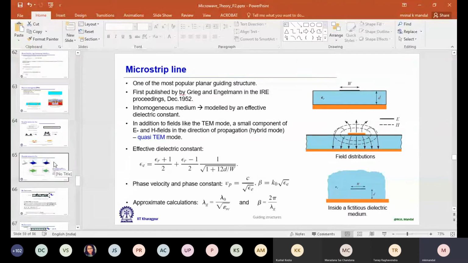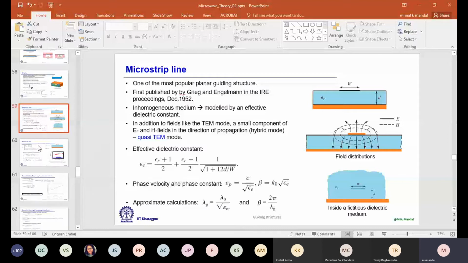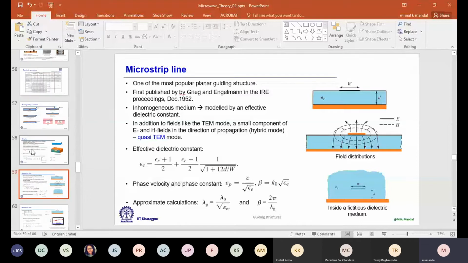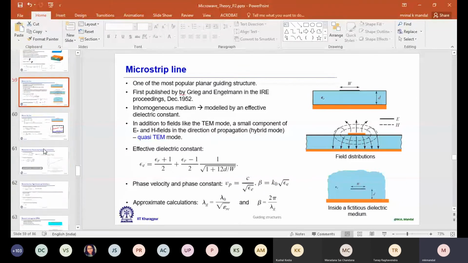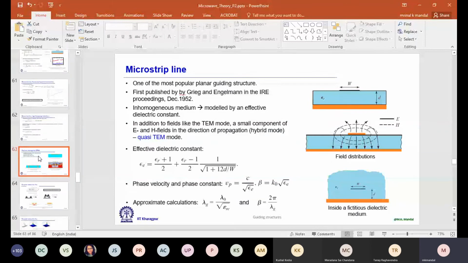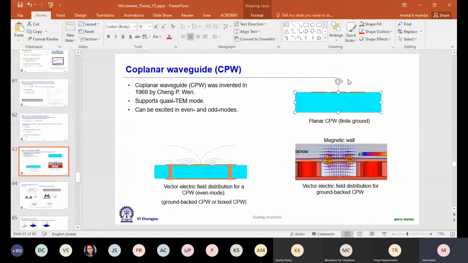Well, another popular line is the CPW line. So let's see for the CPW line which surface mode creates a problem. Let us go back for CPW. Last time we discussed this one, planar CPW. Here we have electric field from the signal line to ground, and on the right side also, signal line to ground.